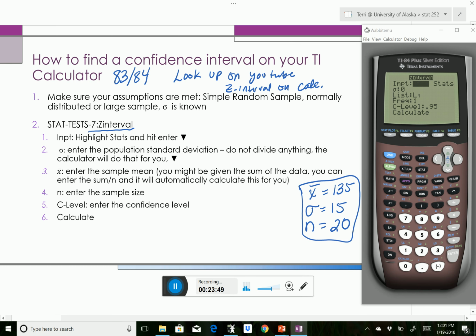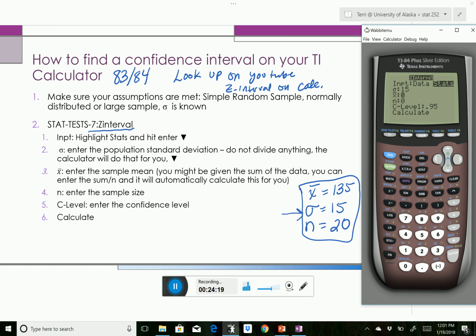So right now I have statistics. We want to go to the side, highlight stats, and hit enter, because whenever you highlight something, it doesn't stay until you hit enter. Then hit the down arrow, and then sigma. Enter the population standard deviation. Do not divide anything. The calculator is doing that for you. So the standard deviation that was given in the problem is 15.